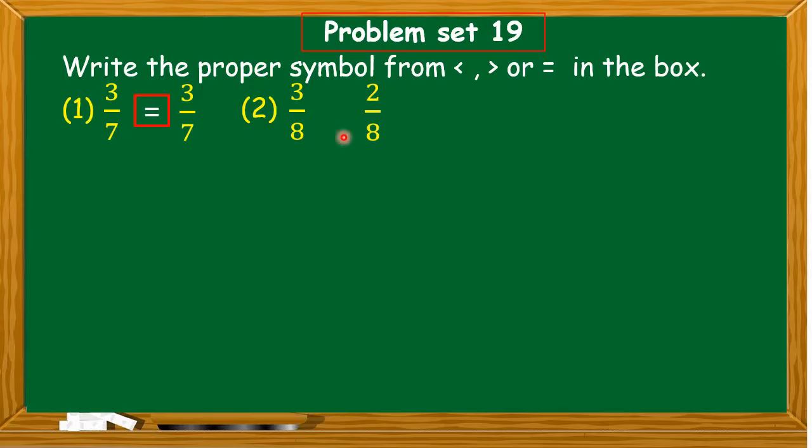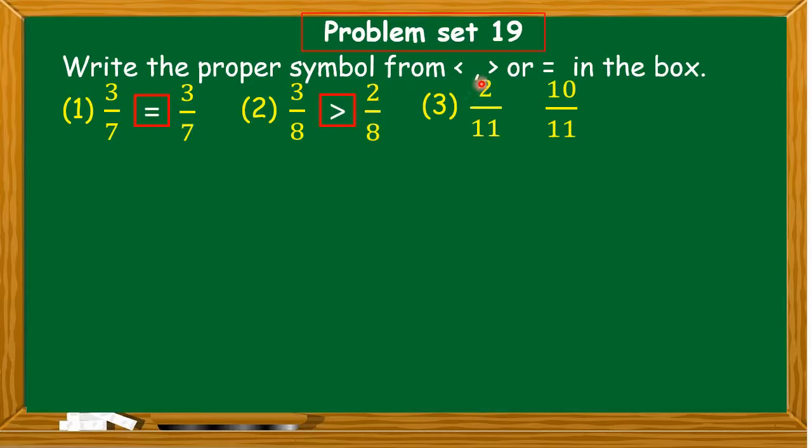And when we compare like fractions, we have to compare the numerators of that fractions. Here, the numerator 3 is greater than the numerator 2. Hence, the fraction 3 upon 8 is greater than the fraction 2 upon 8. Next question.